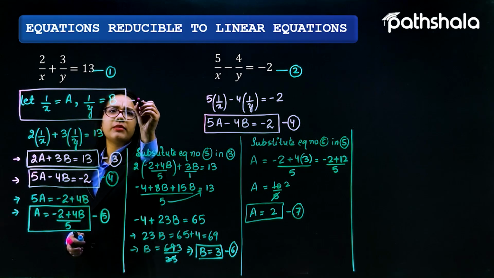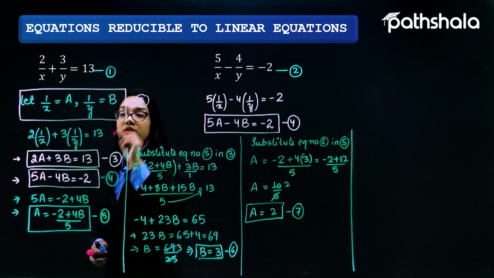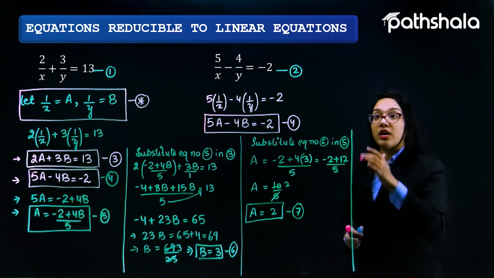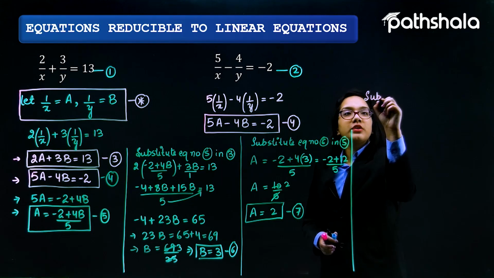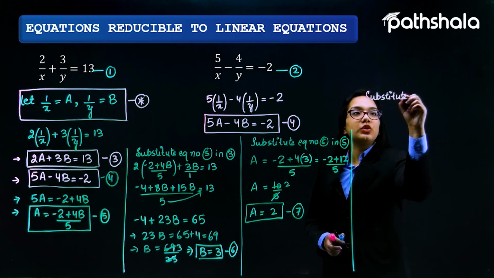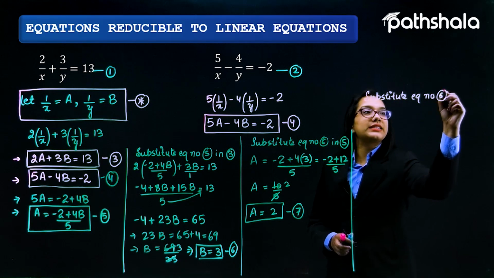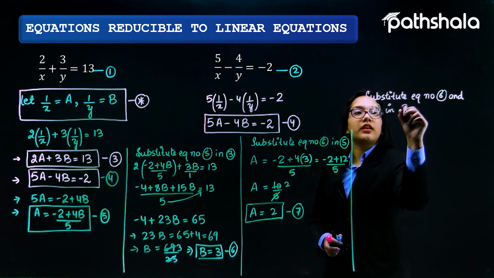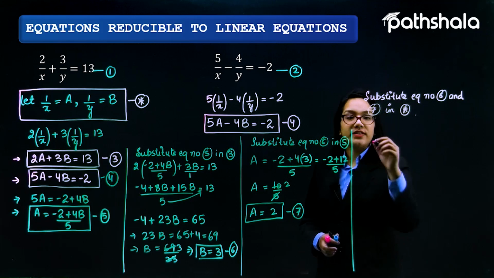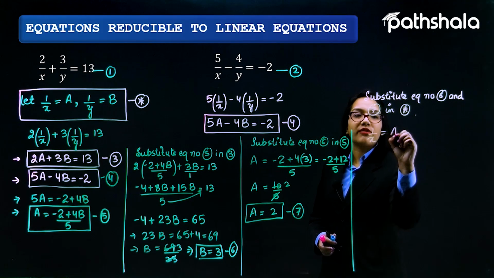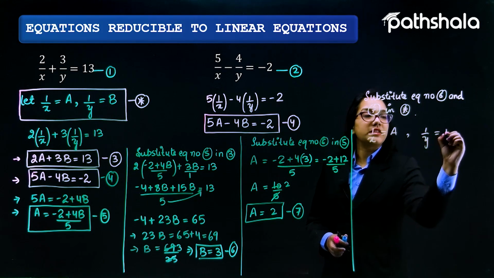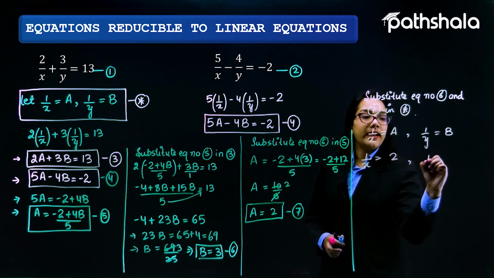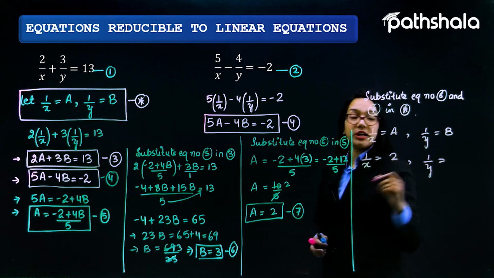Let us suppose I am taking this equation as star, so we have to substitute the values of capital A and capital B in the equation star. So let's substitute equations number 6 and 7 in the star equation. As we can see, we have 1 by x equal to capital A, and 1 by y equal to capital B. Capital A is 2 and capital B is 3.